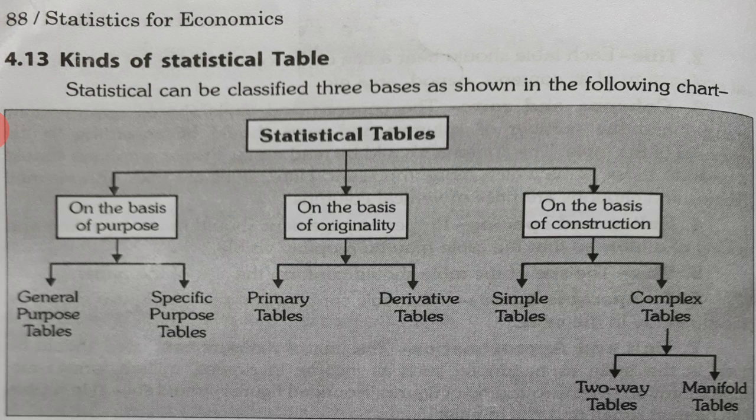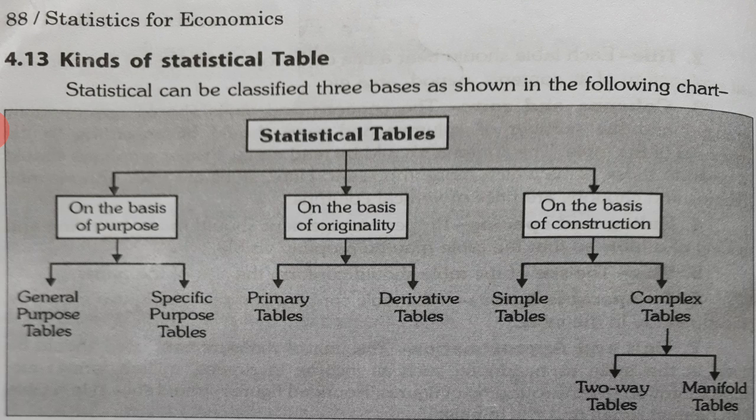Okay? So now have a glance at the kinds of statistical table. You are seeing a chart for this. There are 3 bases on which a statistical table is made. The first is on the basis of purpose, then basis of originality, and basis of construction. Again they are subdivided.